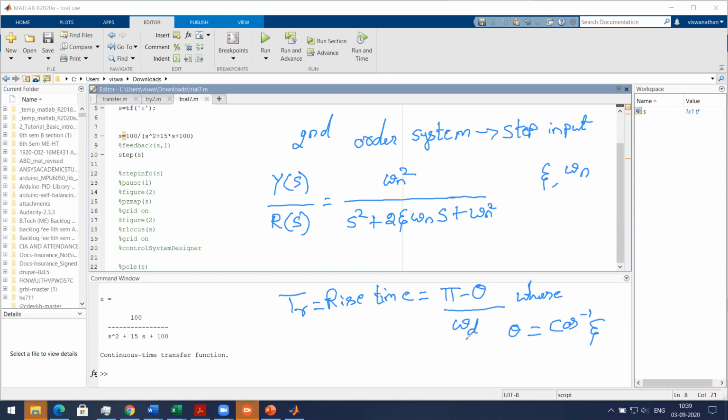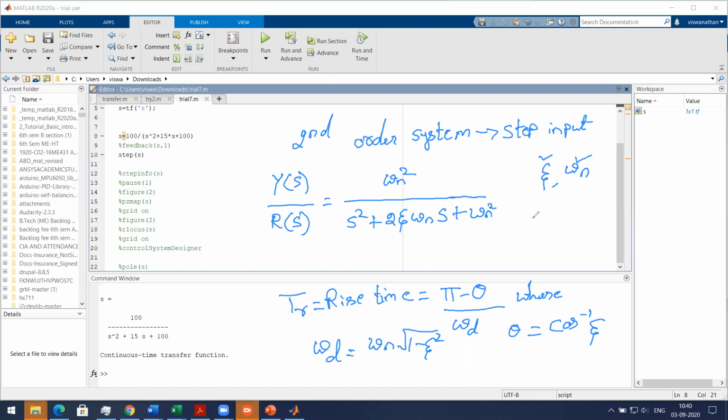You know what omega d is? Omega d is omega n into root of 1 minus zeta square. So what is rise time dependent on? Rise time is dependent on two things, zeta and omega n. You see omega n here and then the zeta.